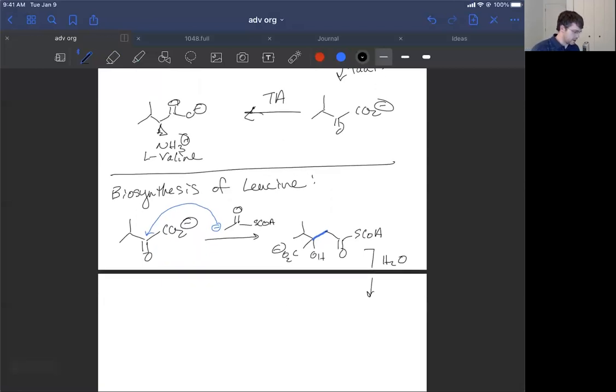Okay, so once we're at the carboxylate, it looks like we have a hydroxyl group migration, which is kind of interesting. Let me get to that dicarboxylate.